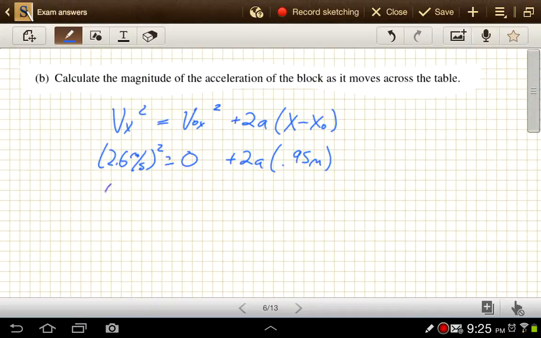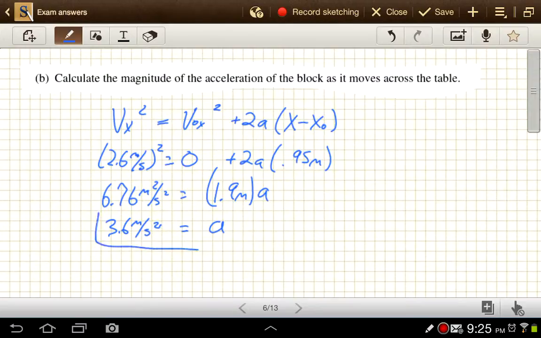So this will be 6.76 meters squared per second squared is equal to 1.9 meters times the acceleration, and divide both sides by the 1.9, and we get 3.6 meters per second squared.